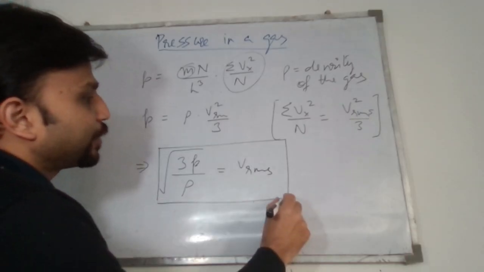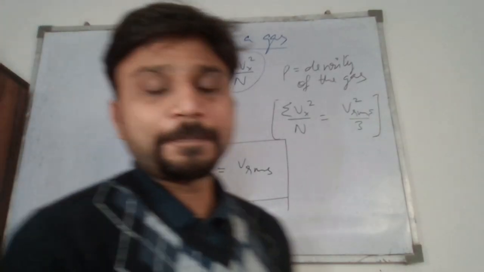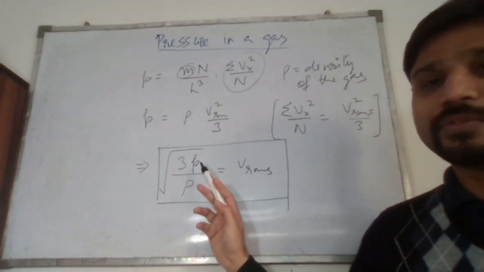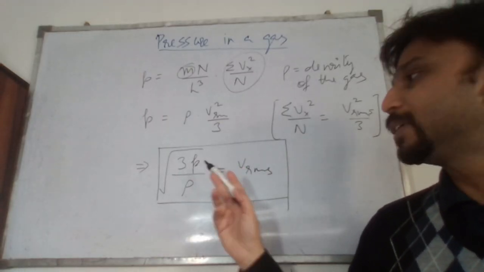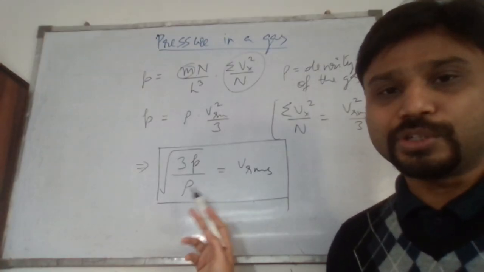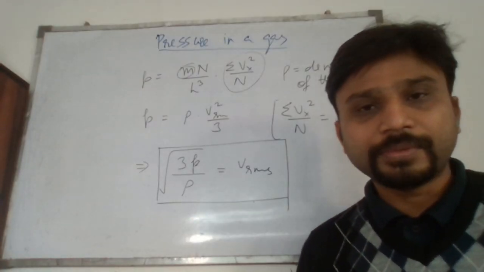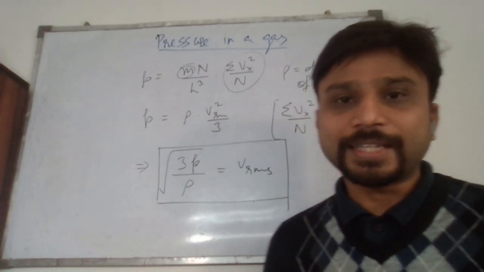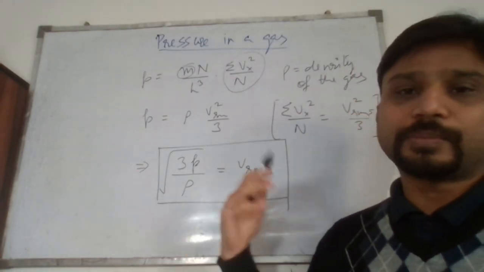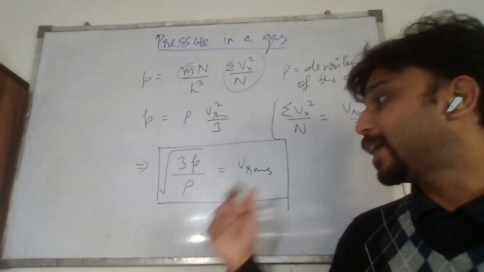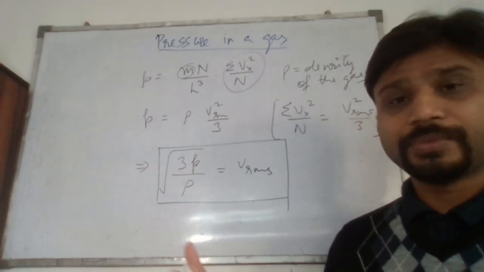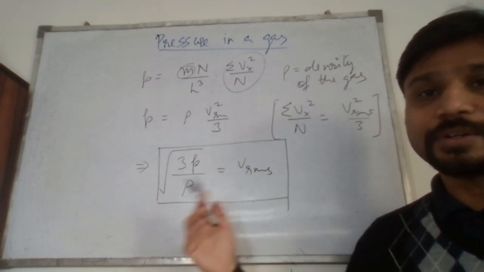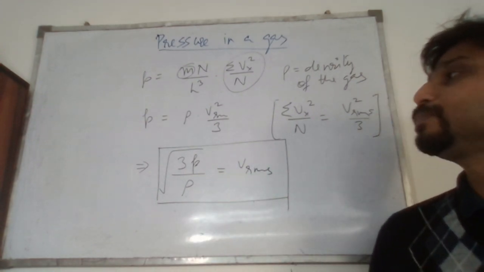That is, the RMS speed of the particles in a gas depends upon the pressure of the gas and is inversely proportional to the density of the gas. More accurately speaking, we can say that the RMS speed is proportional to the square root of pressure and inversely proportional to the square root of the density of the gas. So that's it.